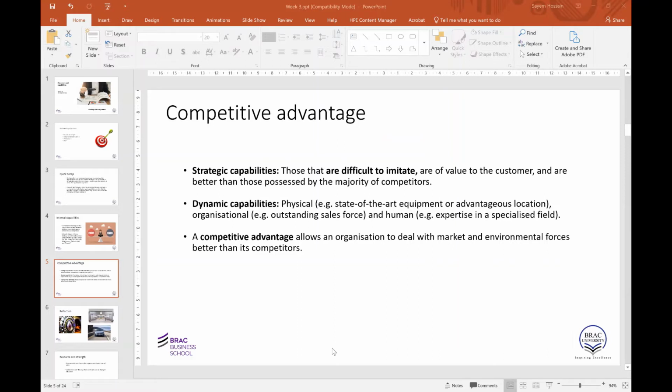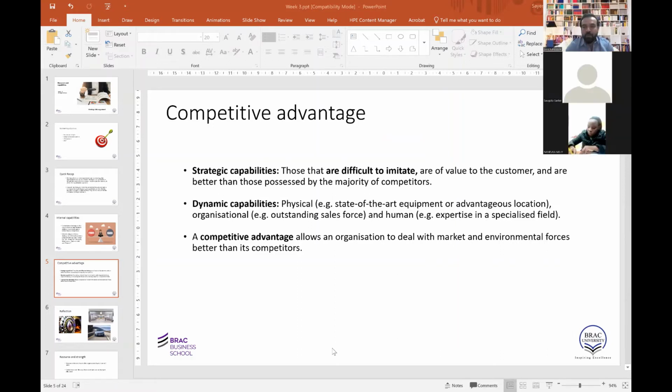So now let us have a quick reflection. I want all of you to pause for 30 seconds and think about any brand that you know has a distinctive strategic capability or dynamic capability. Think about it, and then let's share so that we can exchange our ideas.